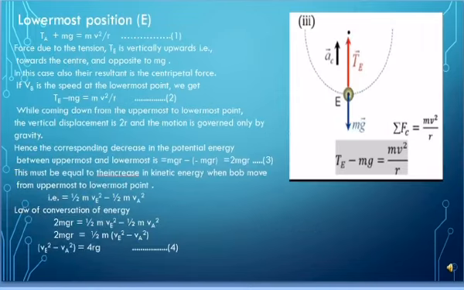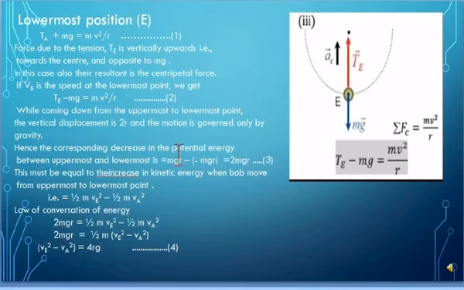Now let us consider what happens at the lowermost position. See, at the lowermost position, the tension is towards the center and mg is in the downward direction. Their directions are opposite. So I get the resultant as TE minus mg equal to mv square upon r. While coming down from the uppermost to the lowermost point, the vertical displacement is equal to the diameter, that is 2r.